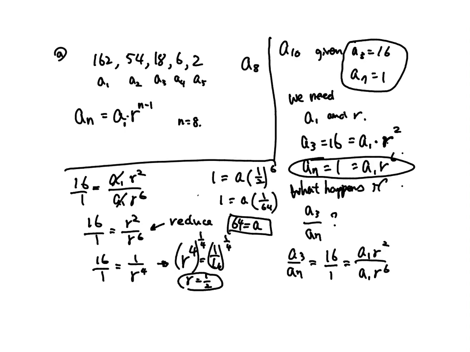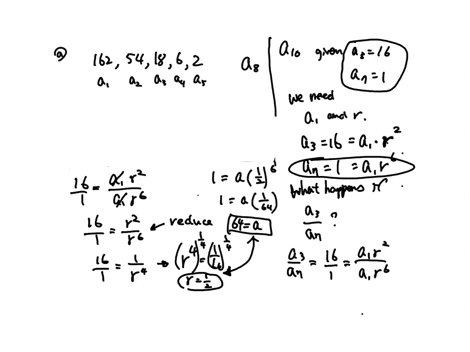So if we know a equals 64 and r is 1/2, we can go ahead and figure out what the 10th term is. I probably should use a different page. Learn next time. So a sub 10 is going to be 64 times 1/2 to the 9th power.